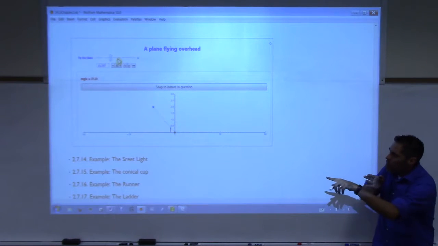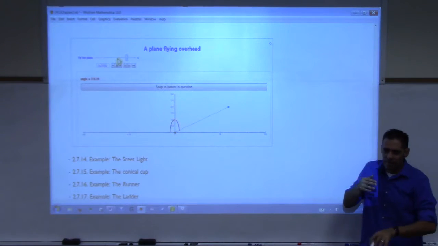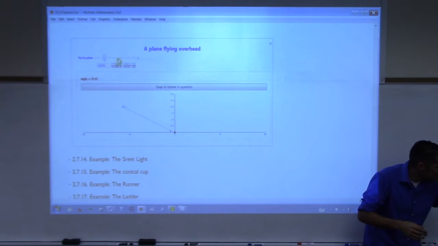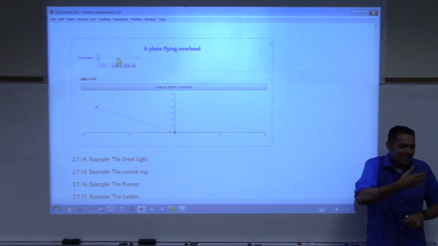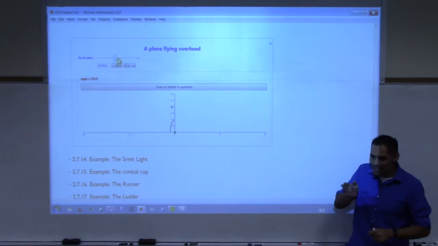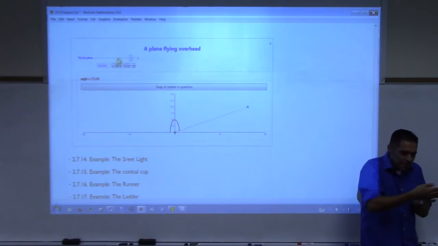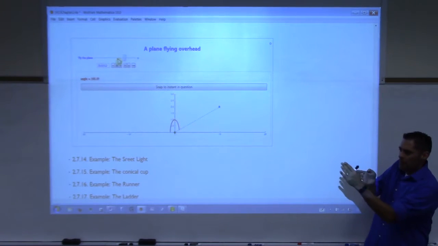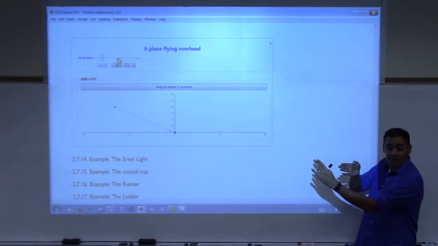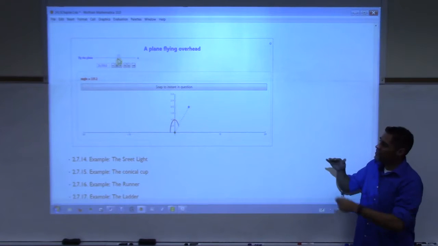And then as it gets further away, you don't have to turn your head as fast. In this middle range, you have to speed up to keep up with it. But as it gets further away from you, you don't have to turn your head as fast. Same thing here.